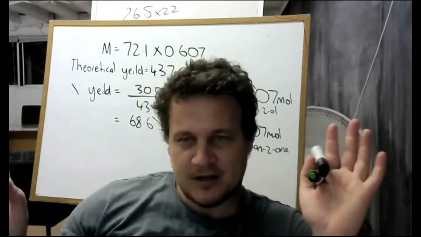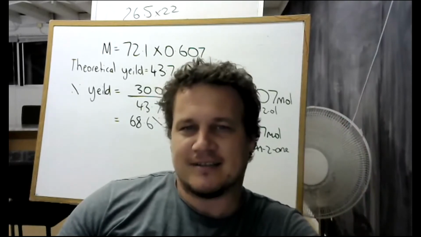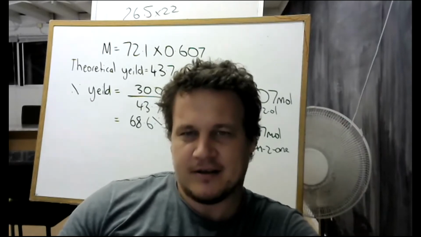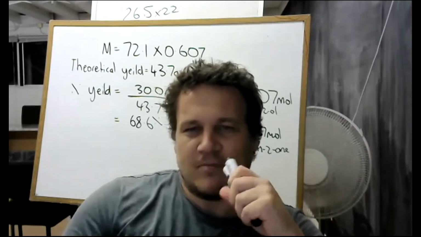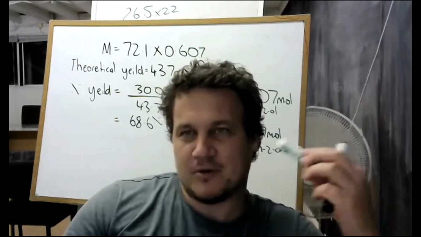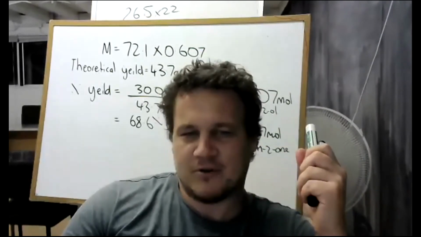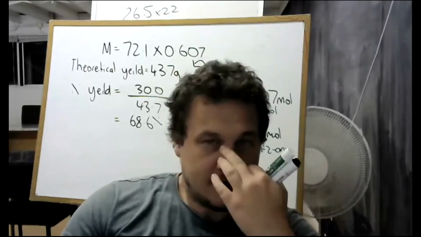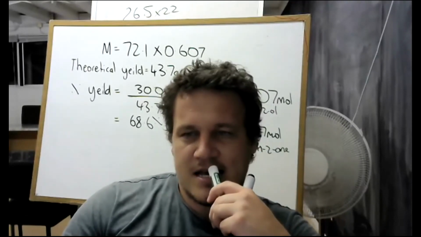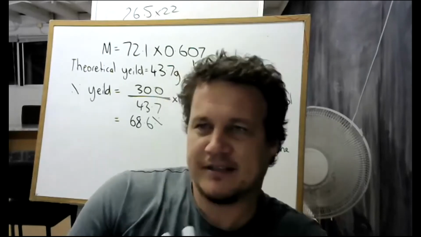In this case, it's 1-to-1, nice and easy. It's the same as the number of moles of reactants that we had. Just times that by the molar mass and divide the actual yield by the theoretical yield times by 100, and it gives you a percentage. Easy enough? Yeah, relatively.